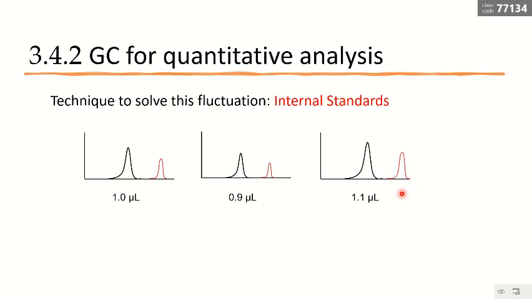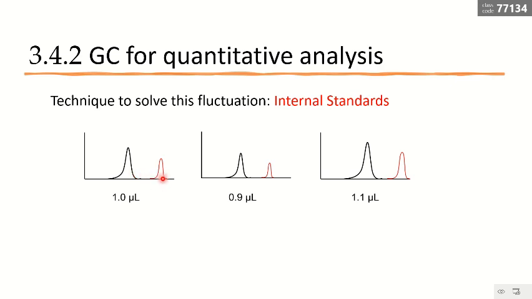We still follow the logic from just now. If we inject 1.0, 0.9, 1.1 microliter, they give us different peak areas, right? But if we look into the correlation of these two peaks, the peak ratio, for example, they are actually the same.